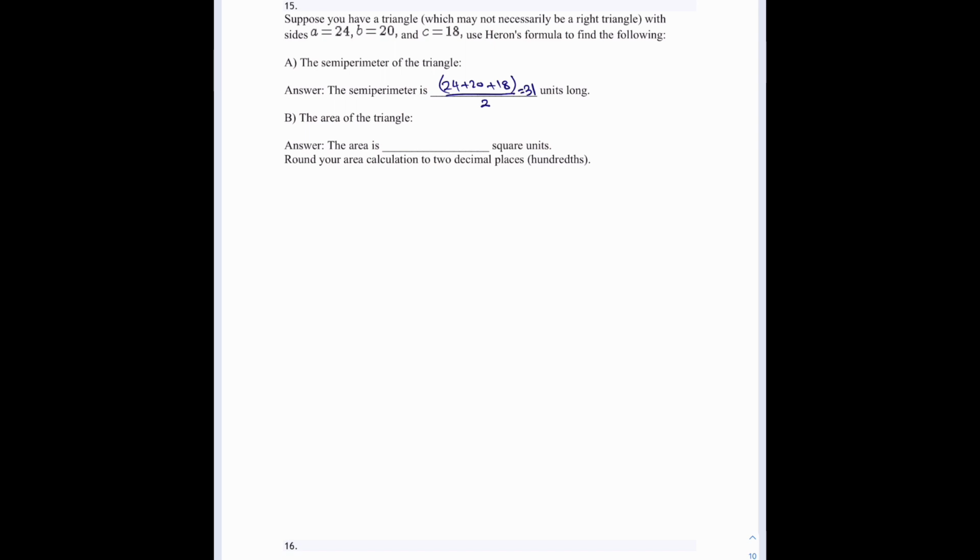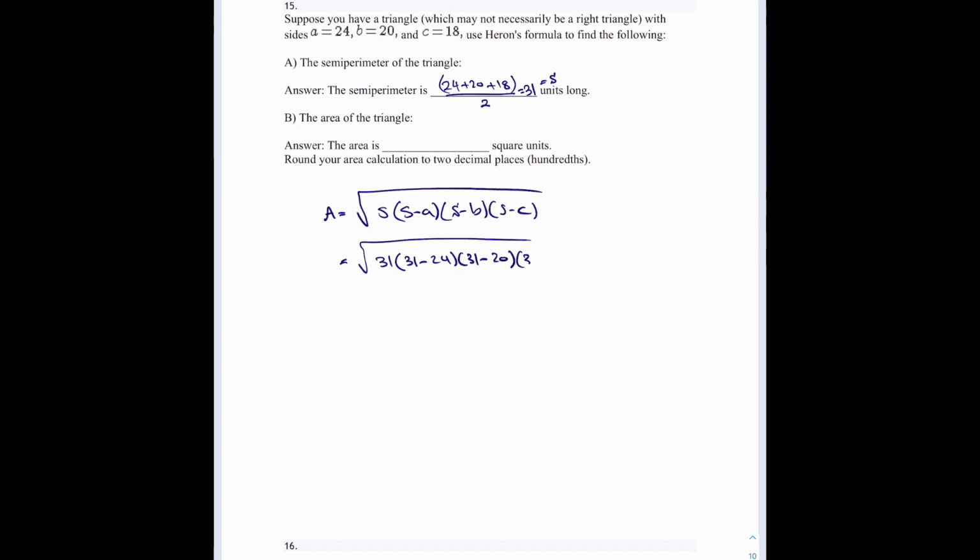The area of the triangle using Heron's theorem, this is basically S in this case, is equal to the square root of S times S minus A times S minus B times S minus C. So this is equal to the square root of 31 times 31 minus 24, 31 minus 20, and then 31 minus 18.